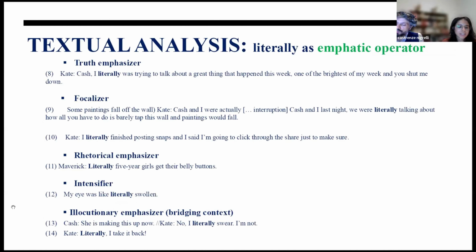Okay, now I'll take it from here and go on with the next macro category and its functional layers. In our dataset, literally is most frequently used as an emphatic operator. When functioning as a truth emphasizer, as illustrated in 8, literally is partially synonymous with really and actually. This type of use appears to be the result of a reanalysis of the mirative reinforcement discussed earlier, so that literally turns out even occurring in sentences that are not open to second readings and that don't need to be disambiguated, thus showing clear semantic bleaching.